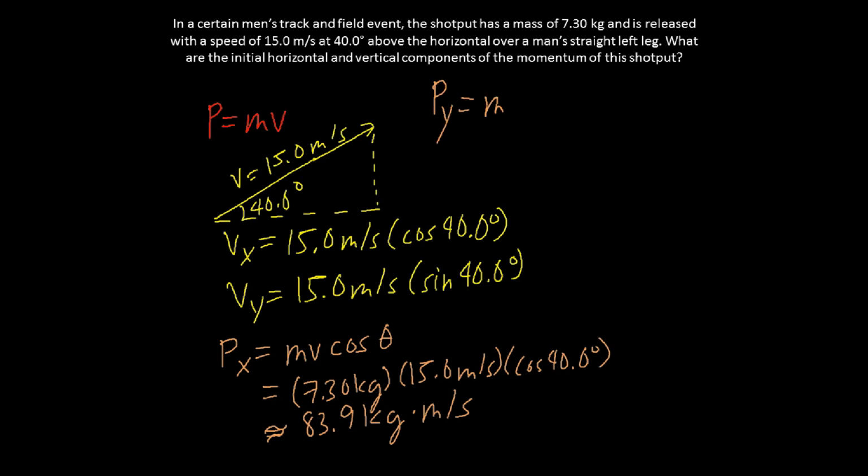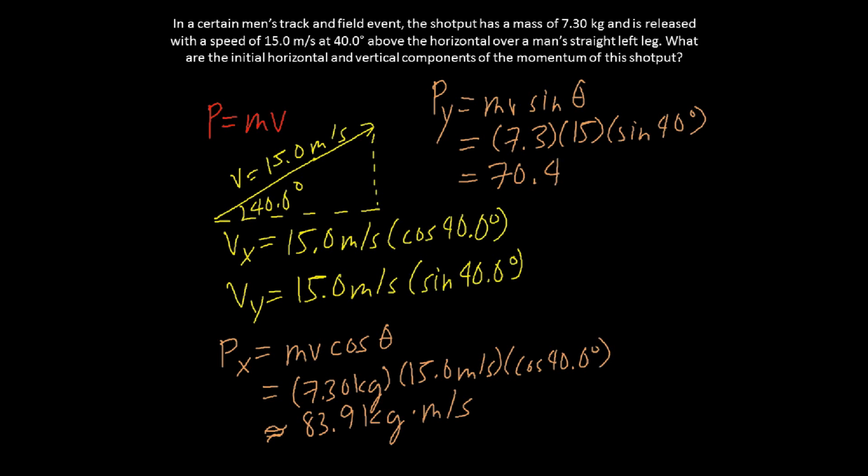That will be mv sine theta, and then that will be 7.3 times 15 sine 40 degrees, and then computing for that will give us 70.4 kilogram times meters per second. So that's it for this problem.